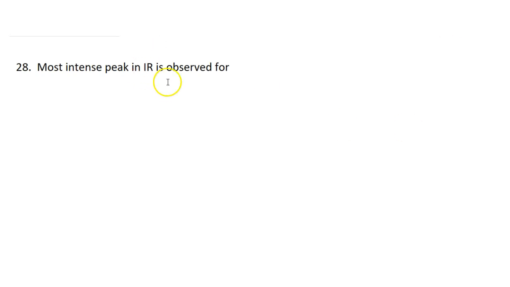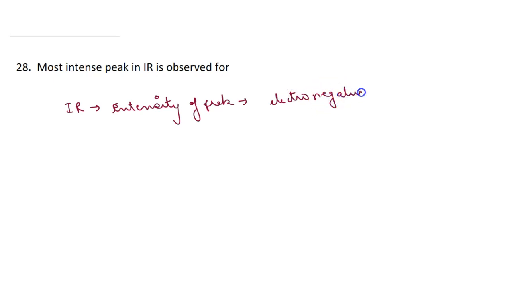Moving to the next question. Most intense peak in IR is observed for which bond? In IR, the intensity of a peak depends on the electronegativity difference of the atoms.